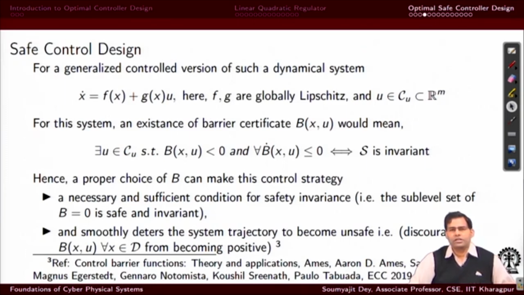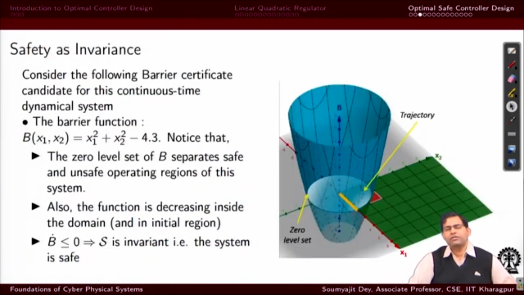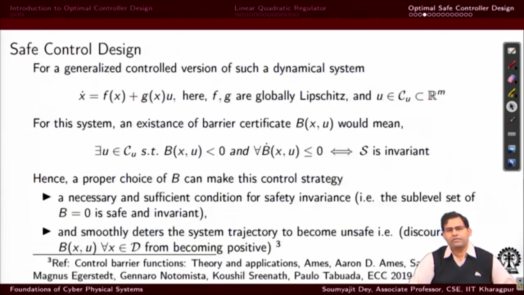That means the sublevel set of this is, because essentially what are we doing? We are creating the barrier function in such a way that you are given the safe set, the target safe set. You choose your barrier defining safe set as a subset of that. You ensure that the sublevel sets of your barrier defining function are safe and invariant.